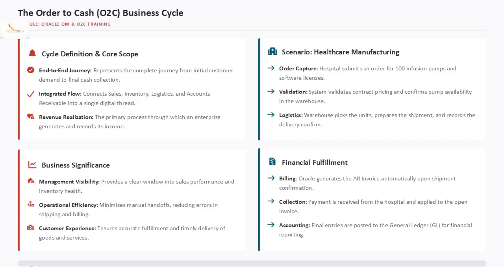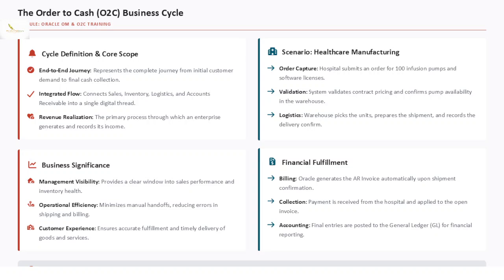Without a strong O2C process, organizations experience delayed shipments, incorrect invoices, inventory mismatches, poor customer experience, and revenue delays. That is why the OTC cycle is considered the lifeline of enterprise operations.